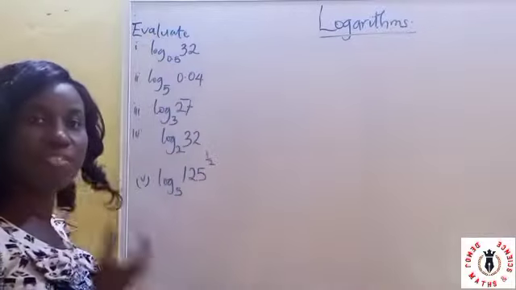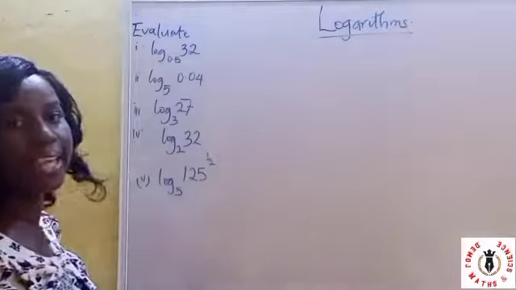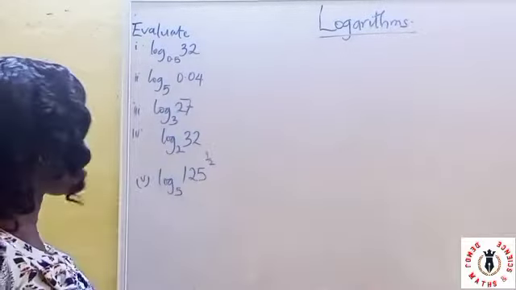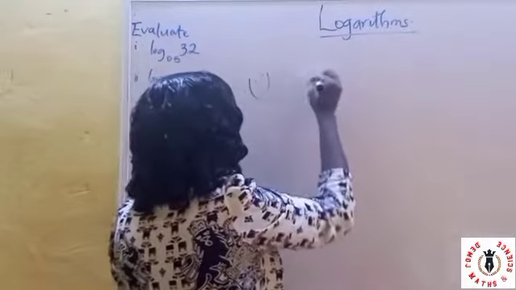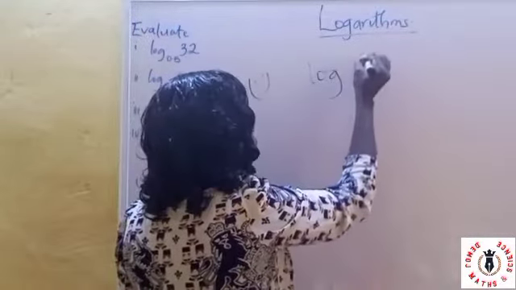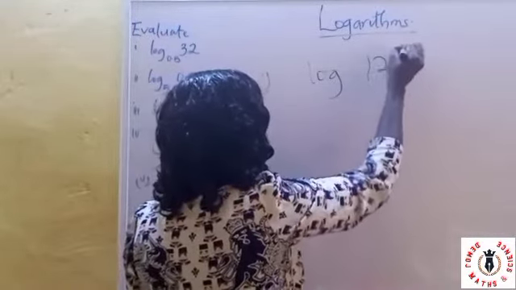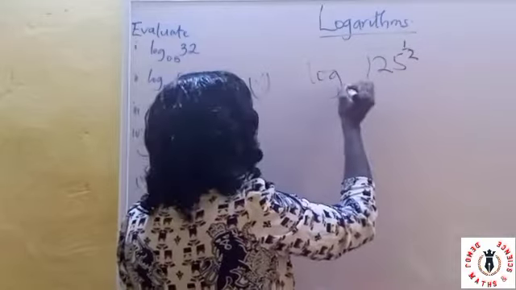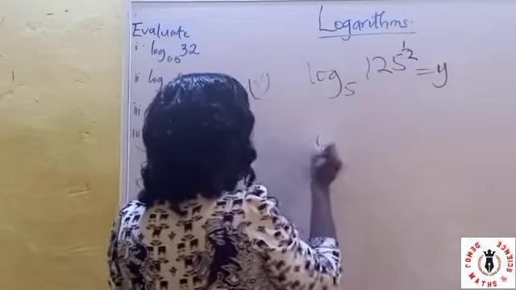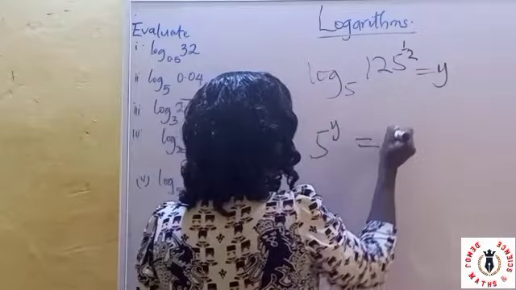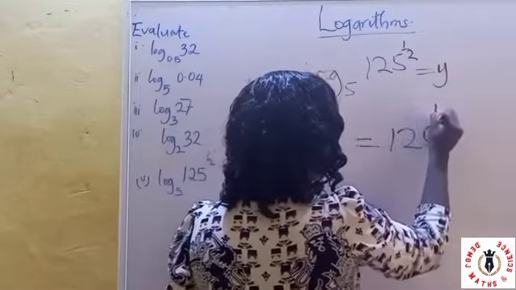For question 5 now, let's go ahead and find the logarithm of 125 raised to the power of half to base 5. I'll use the letter y. So I have 5 raised to the power of y is equal to 125 raised to the power of half.